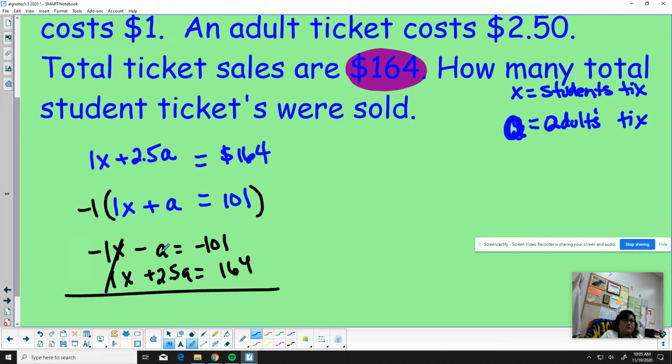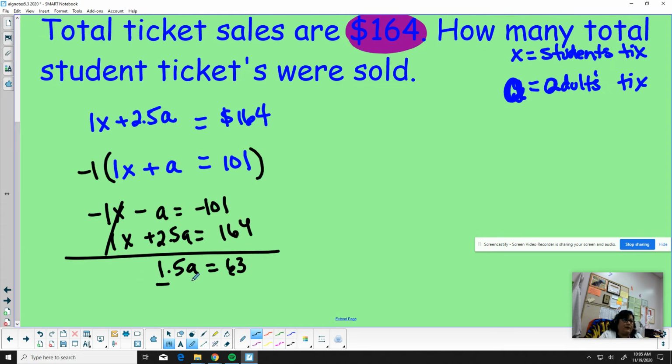So those cancel. These two, 1.5a, and then 164 minus 101 is 63. And I just need to divide by 1.5. And that's 42. So 42 adult tickets were sold. The question is how many total student tickets?